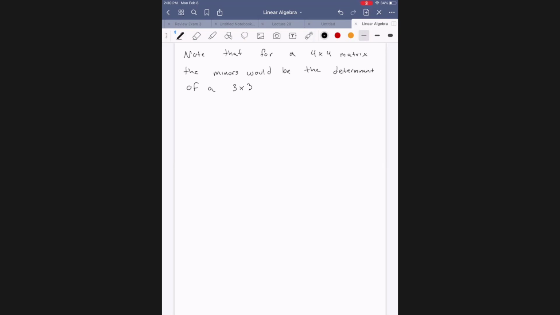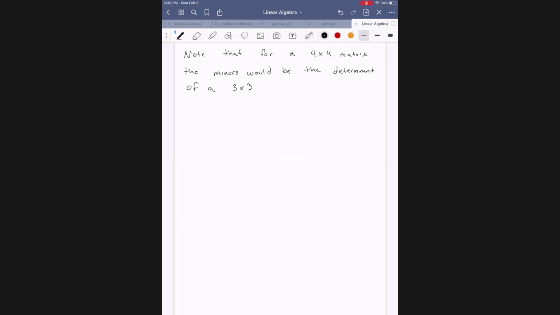So I took a 3x3, its minor was a 2x2. So okay, if I get a 4x4, what do you think I'm going to have to do? Well, I'm going to have to take the minors of that thing, right? So you kind of see it's going to start being very tedious or computationally expensive in that case.